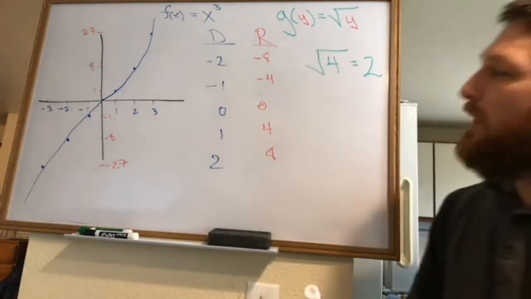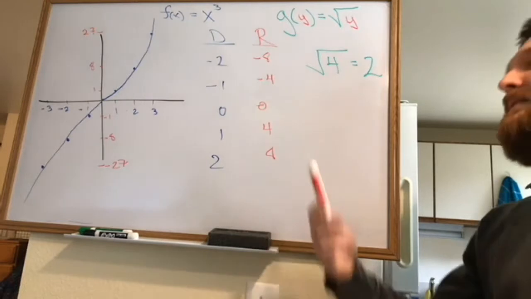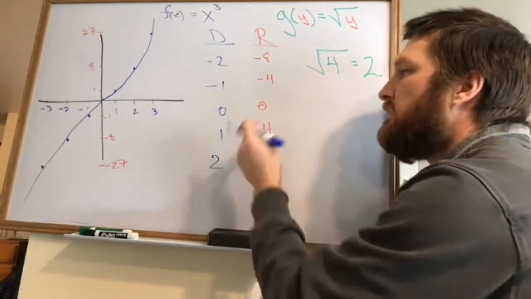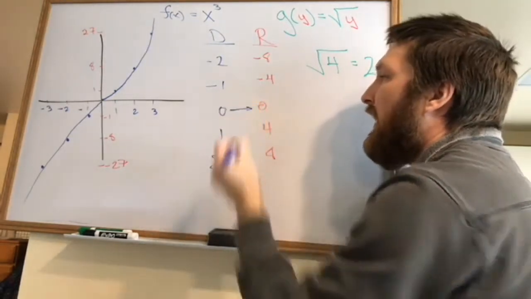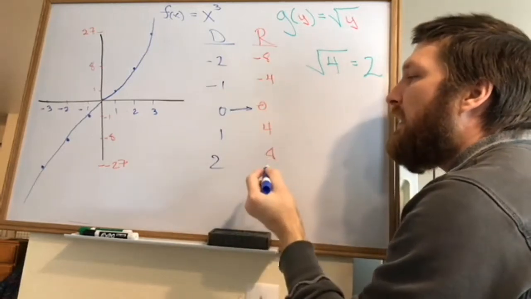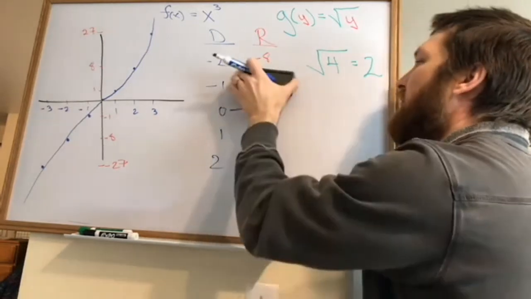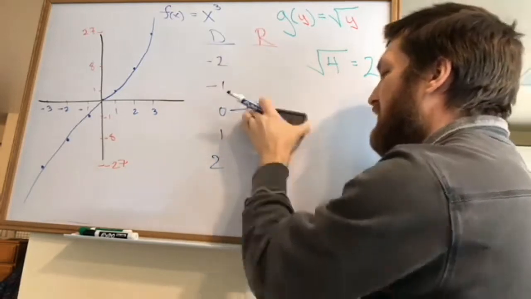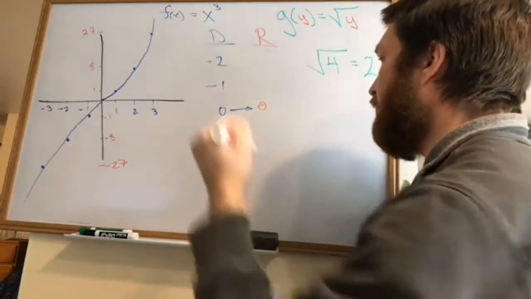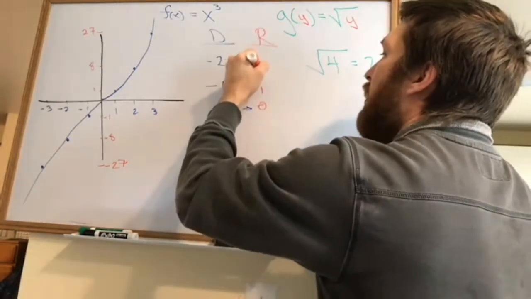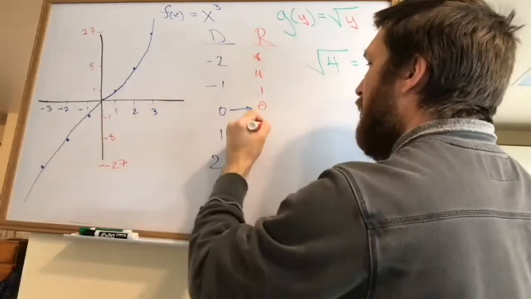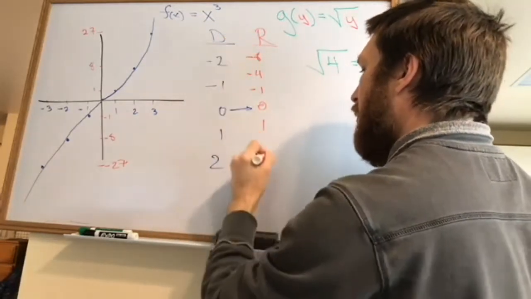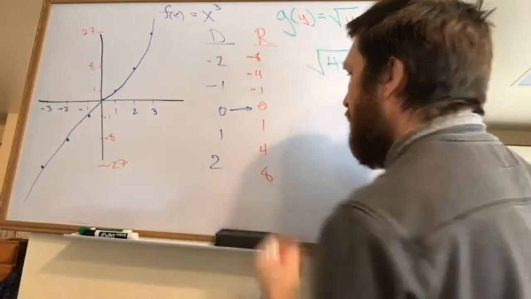The cool thing about this, well, 0, what's 0 cubed? 0, right? Okay. 1, oh, I didn't put 1 in here. Okay, give me just a second. Sorry about this. We're going to go 1, 4, 8, and so on.